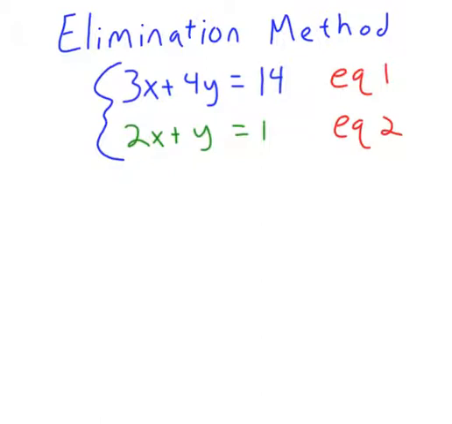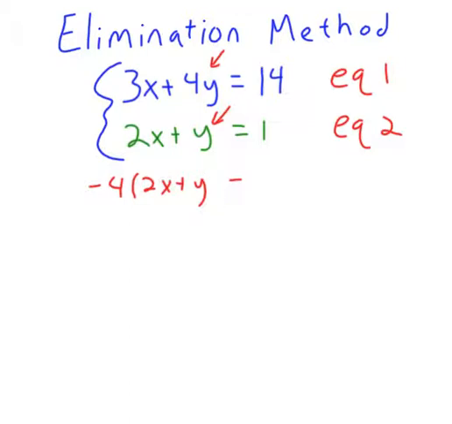What I mean is this. We have 4y here. What would be the opposite of 4y? Well, if we could have somehow negative 4y in equation 2, we would be able to add those two equations and eliminate.